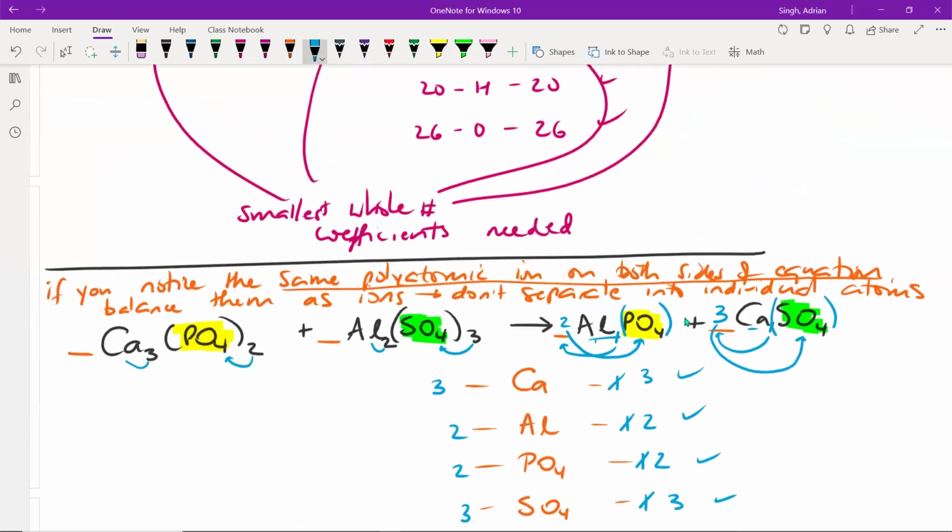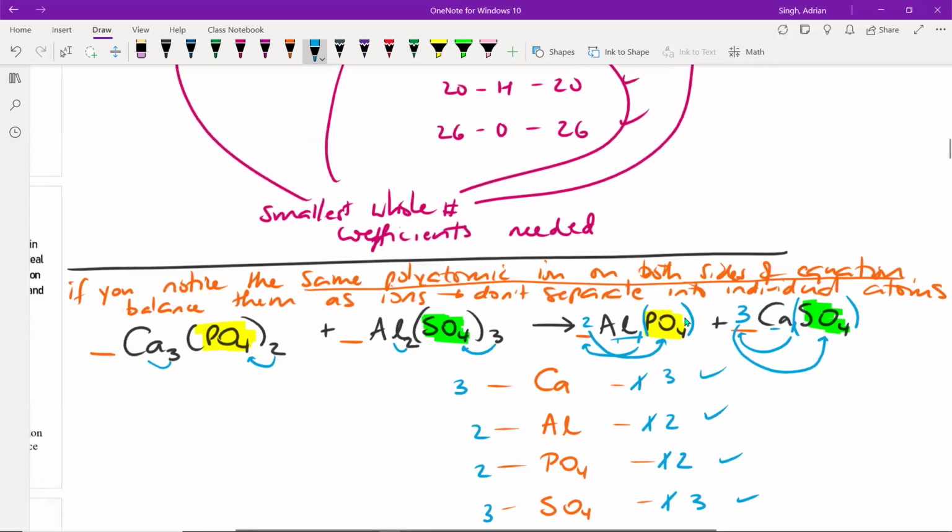If you see them on both sides of the equation, you want to treat them as an entity rather than separating them. This will be dependent upon your ability to recognize your polyatomic ions, right? So you had to memorize a whole list of these. This is one situation where that is going to be particularly useful, your ability to recall what those polyatomic ions are.